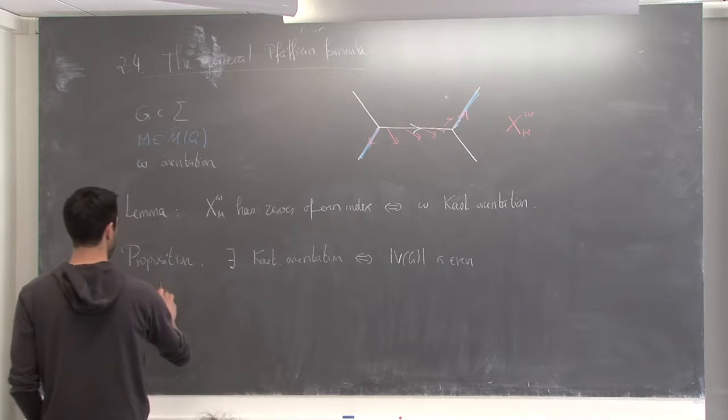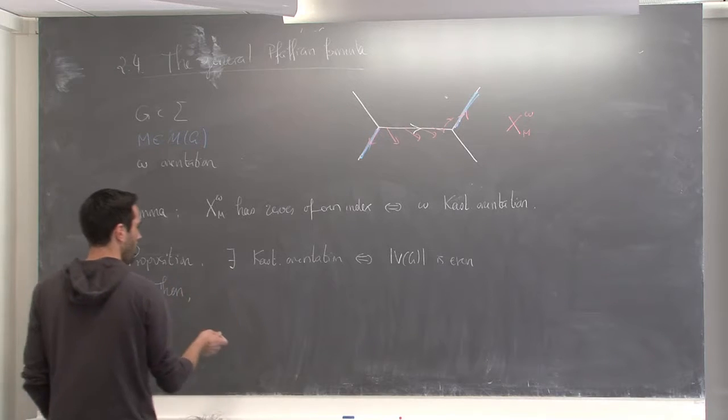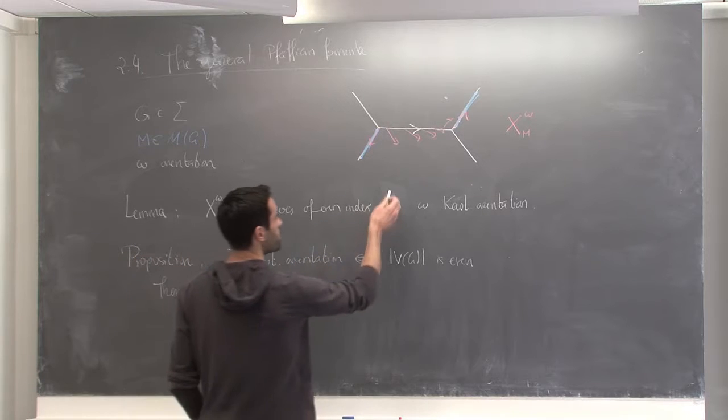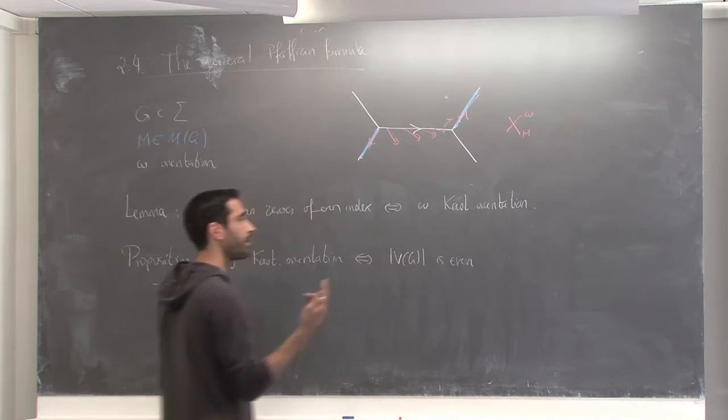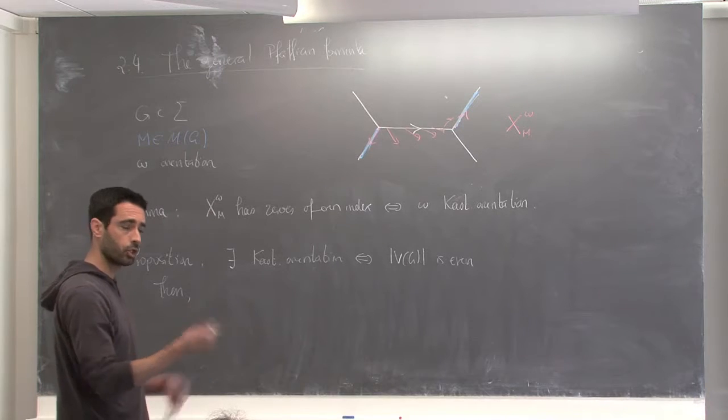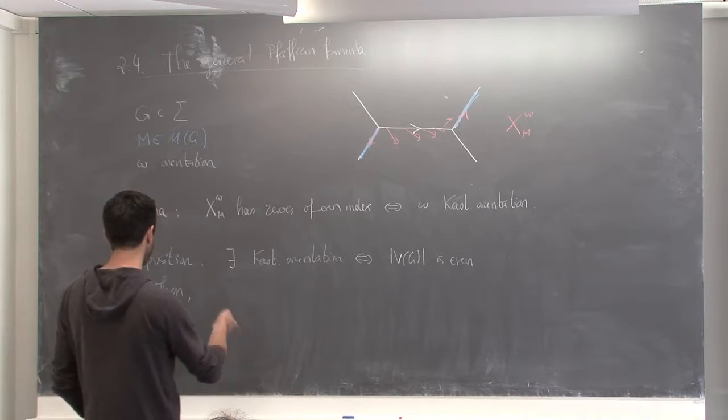In this case, then, the set of equivalence classes of Castelline orientation, remember equivalence class means, well, two orientations are equivalent if they are related by switching orientation around vertices.